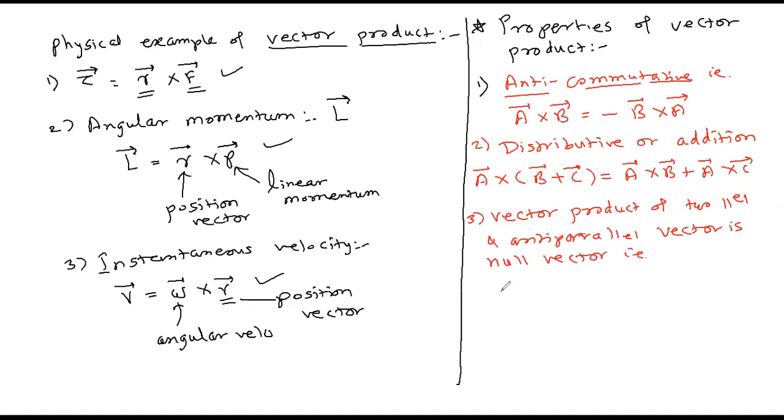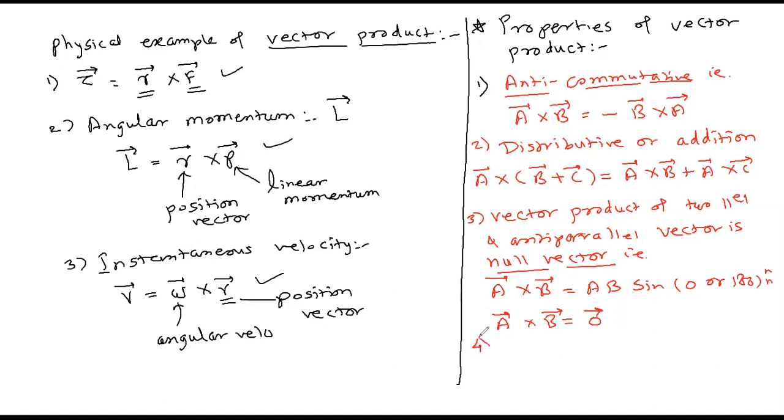That is, vector A cross vector B is equal to AB sine 0 or 180 into n cap. So you will get here a null vector.